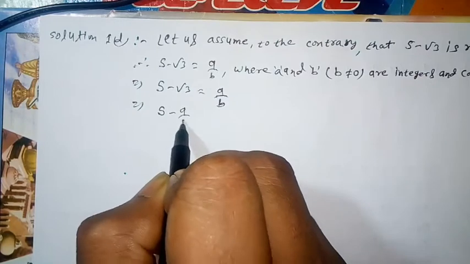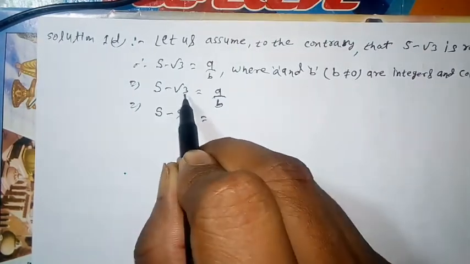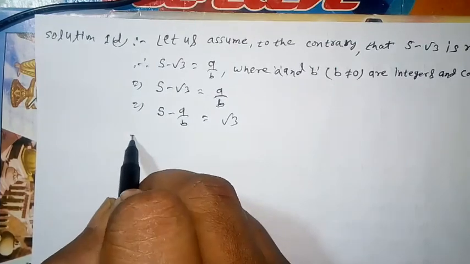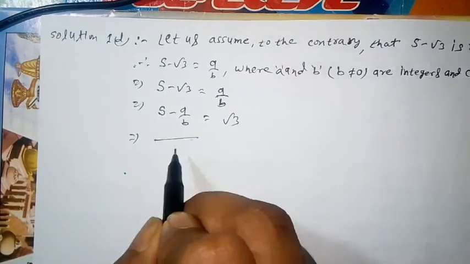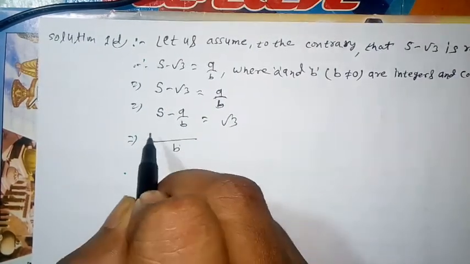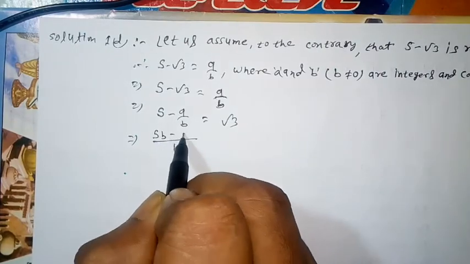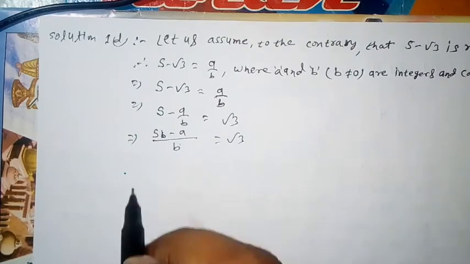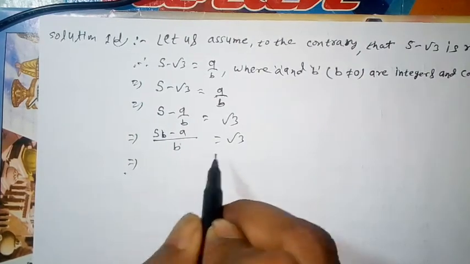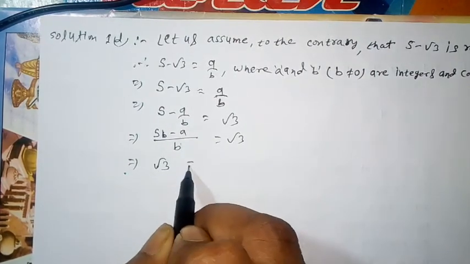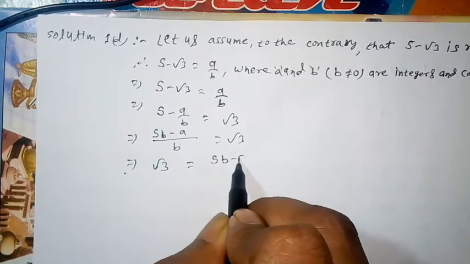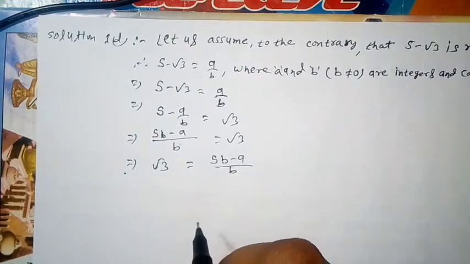Then 5 minus a by b is equal to root 3. This implies the LCM is b, so (5b minus a) by b is equal to root 3. This implies root 3 is equal to (5b minus a) by b.